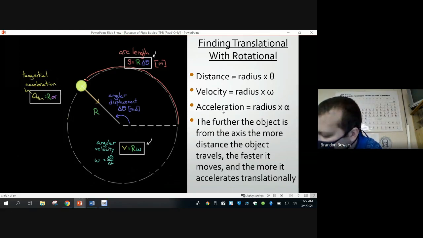Distance is equal to radius times theta. Velocity is equal to the radius times omega. I feel very official saying these terms.